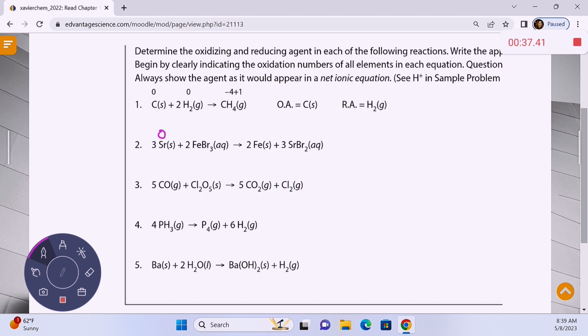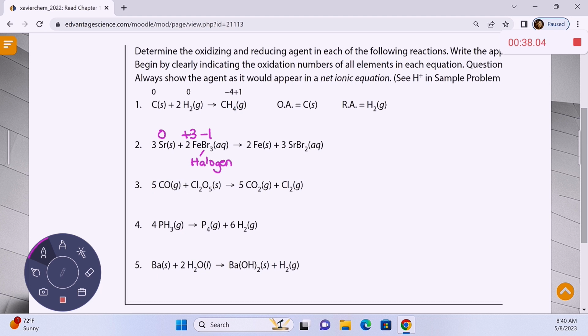Bromine is a halogen. You know that most of the time, halogens have an oxidation number that's the same as its charge, which is -1. What would Fe be? +3. Because you've got 3 bromines at a -1.